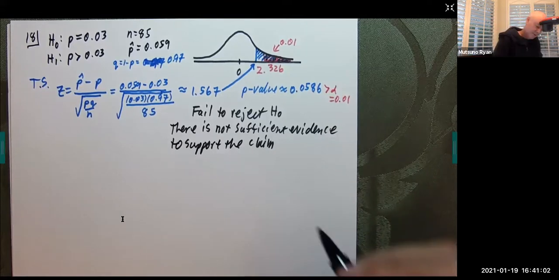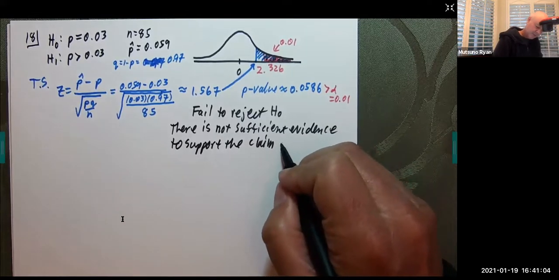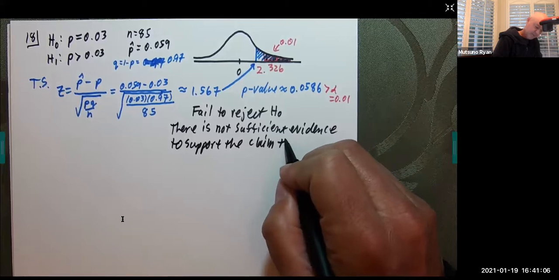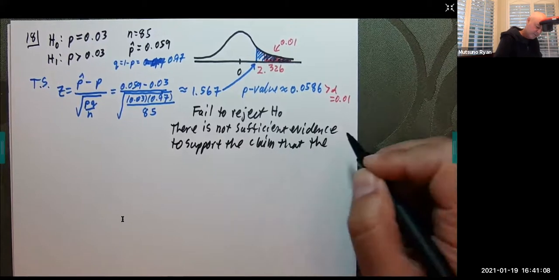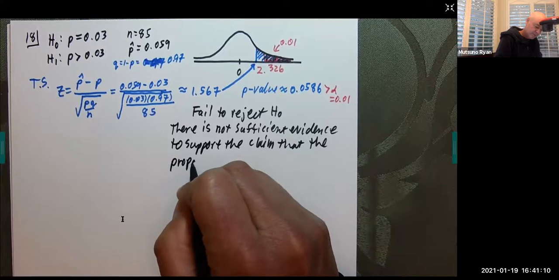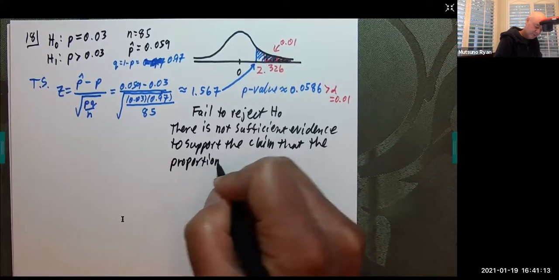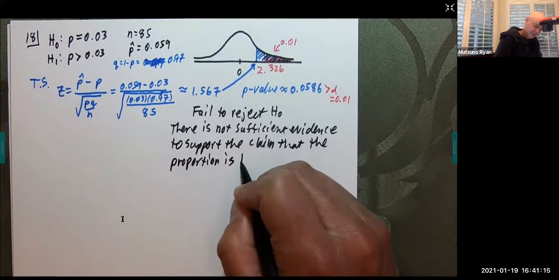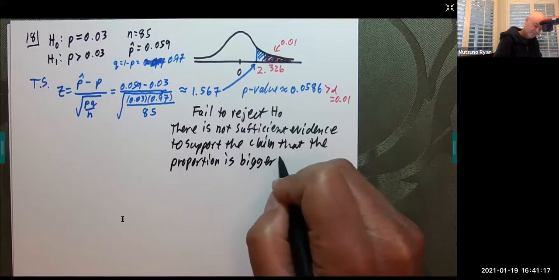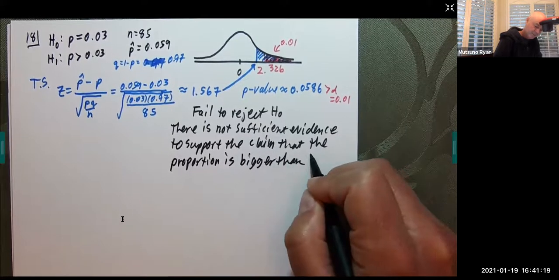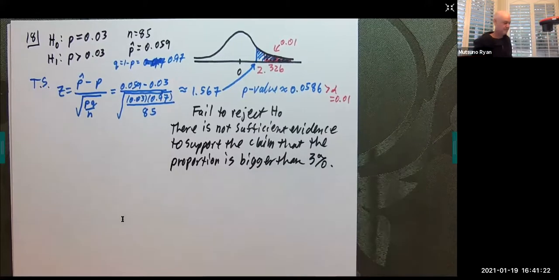Oh, that the proportion is bigger than 3%. I know it's wordy, and we're gonna have to word it that way every time, and I know that can be frustrating, but it is necessary to write out the sentence. That was number 18. Let's do number 19.